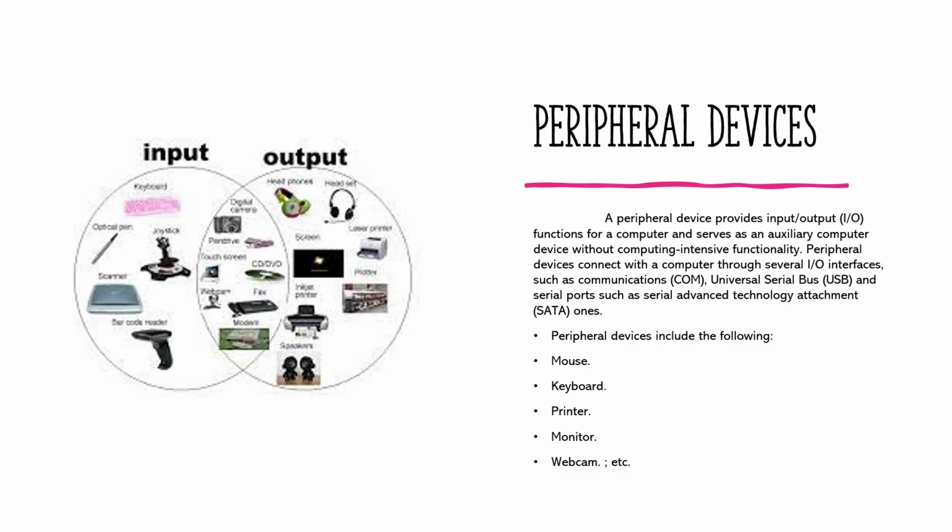There are many examples. Even the webcam is considered to be an input-output device. If that webcam has a microphone attached to it, then it receives information from the microphone, information in form of your voice, and then processes it, and so on.